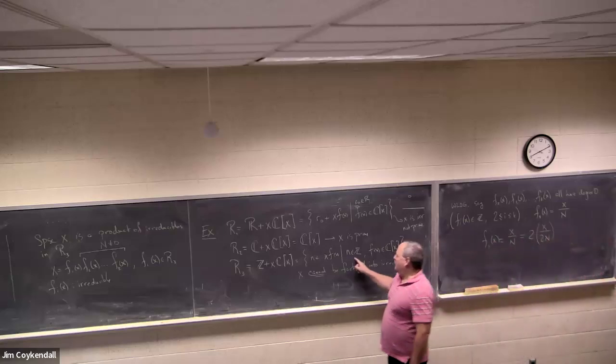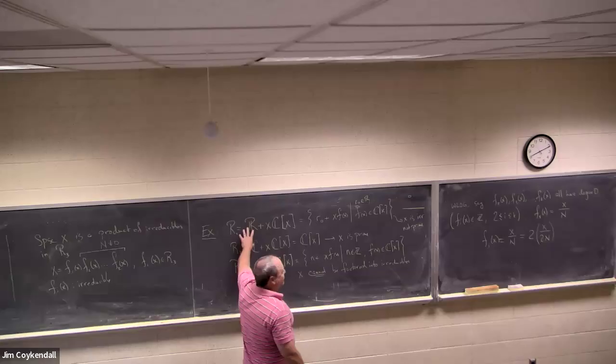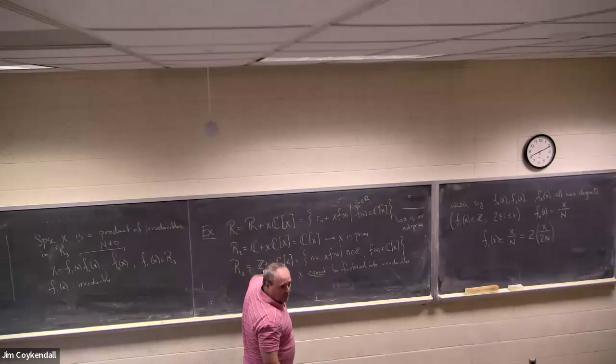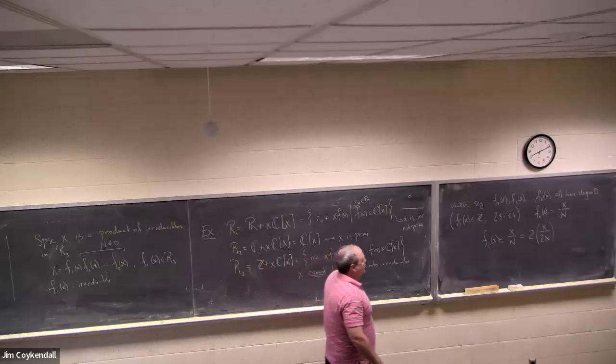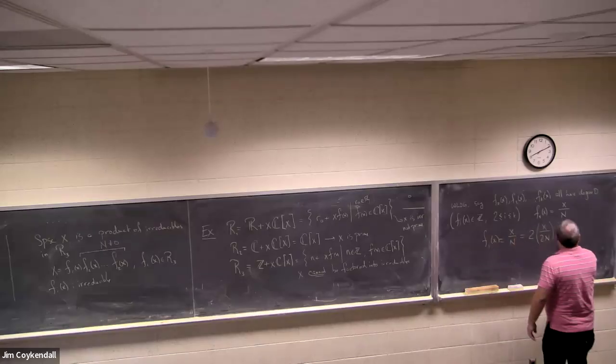I couldn't do that in these other two examples because your coefficients came from the field. So anytime you pull something out of the x, you're pulling out a unit. With the Z here, I'm pulling out stuff that are not units. So this thing right here is not irreducible.